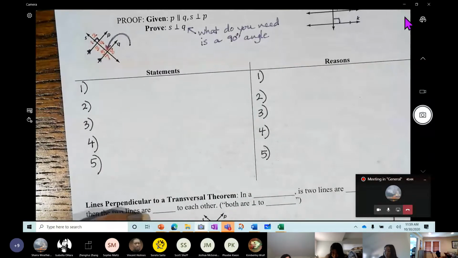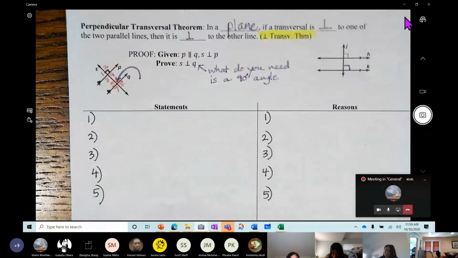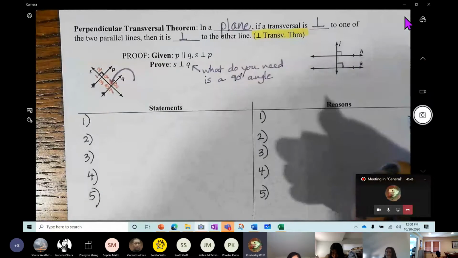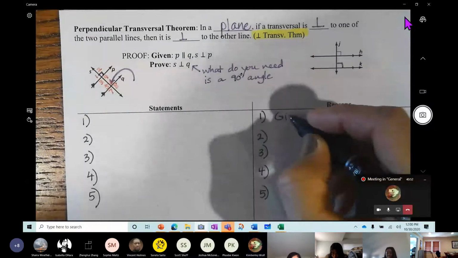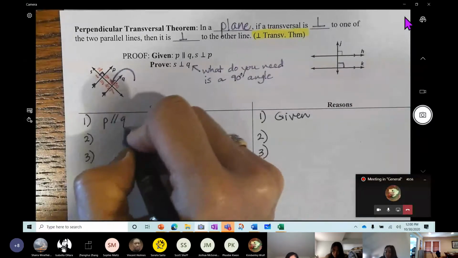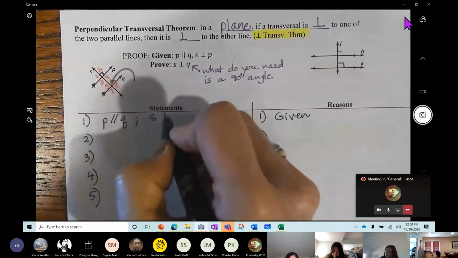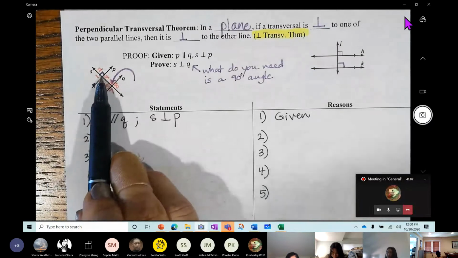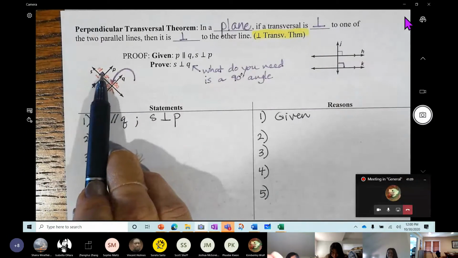Okay, Cabin, what is my first step? Given. It's always given. So we're going to write that down. So we get that P is parallel to Q, and we've got that S is perpendicular to P. Now, if S is perpendicular to P, see how I marked that with a right angle?